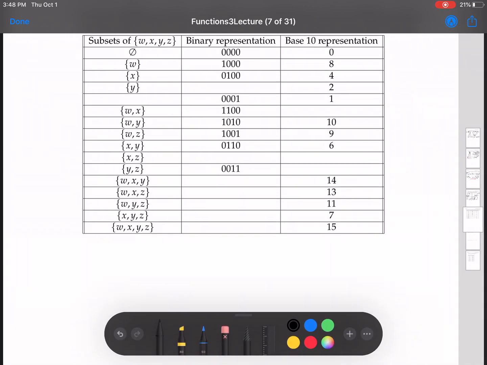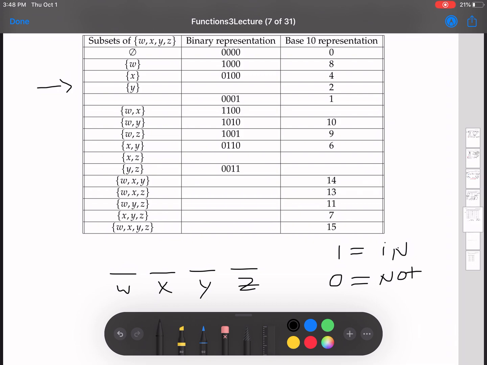All right, so using this thing we did, w, x, y, and z. Let's go ahead and look at this set here, the set containing only y. Remember, 1 is in the set, and 0 is not in the set.